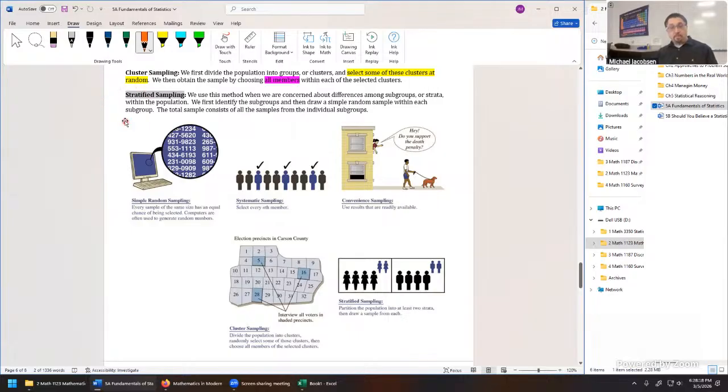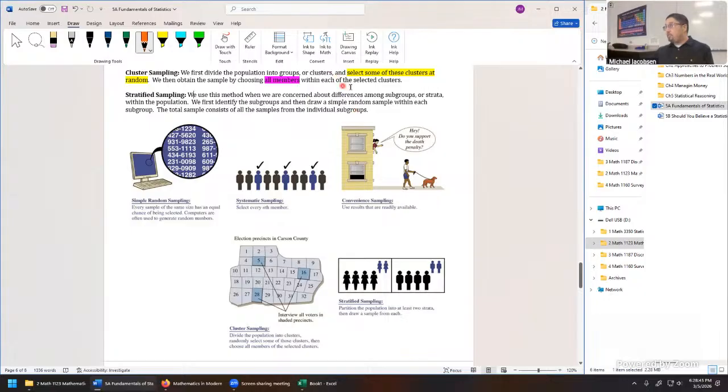What we do is we take a population like all ISU students and we define the strata to just be layers: freshman, sophomore, senior. I think I skipped junior for some reason. And then we look into master's degree, PhD degree. And then we select a simple random sample within each subgroup. So that's what's going on with stratified.